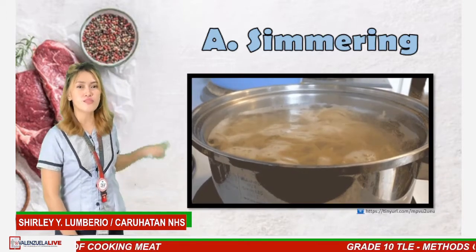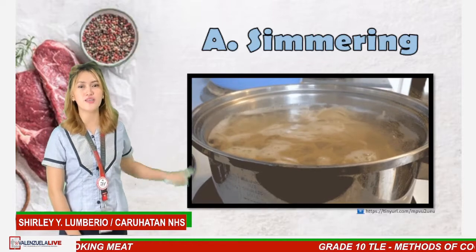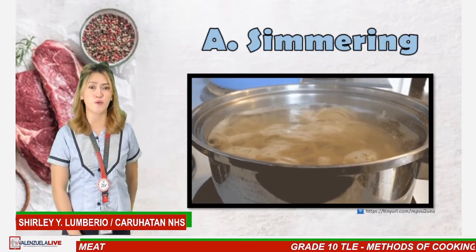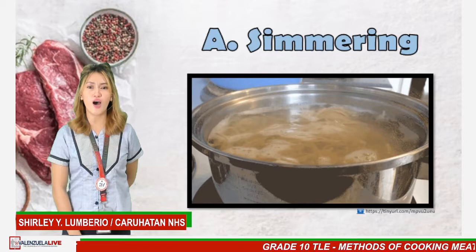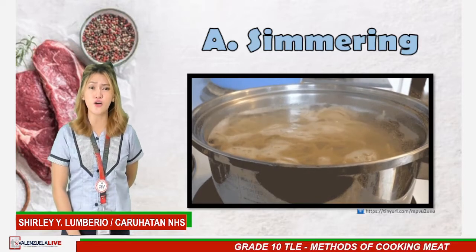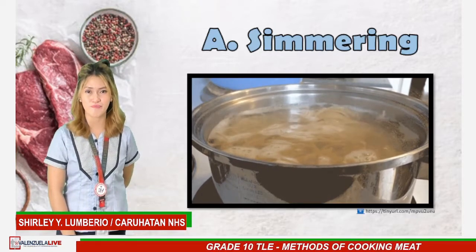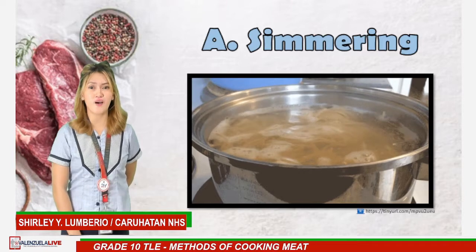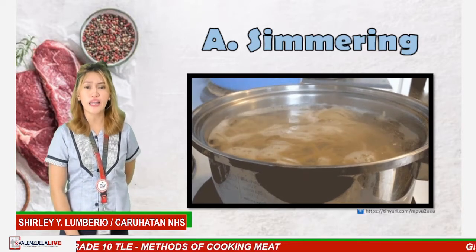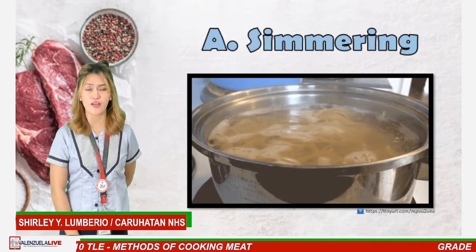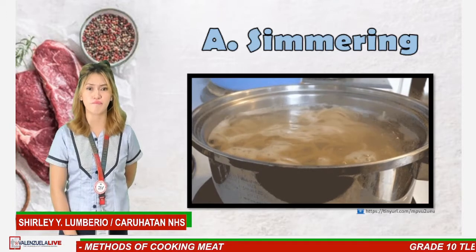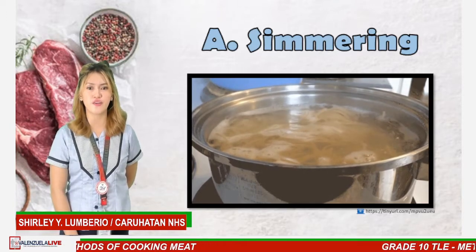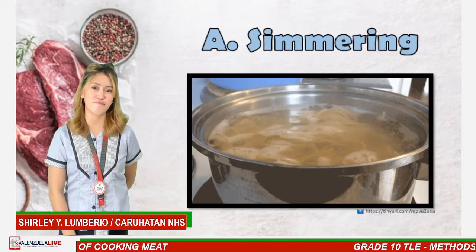Here, we will see bubbles forming and gently rising to the surface of the water. But the water still is not at a full rolling boil, because it surrounds the food in water that maintains a more or less constant temperature. Simmering cooks food very evenly.